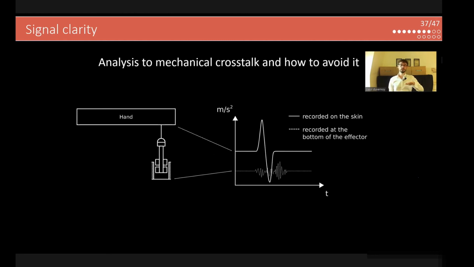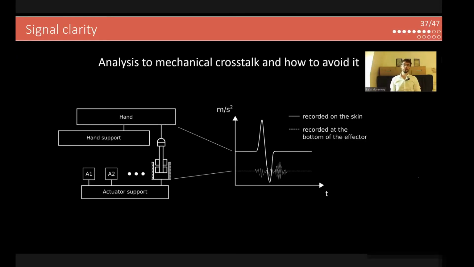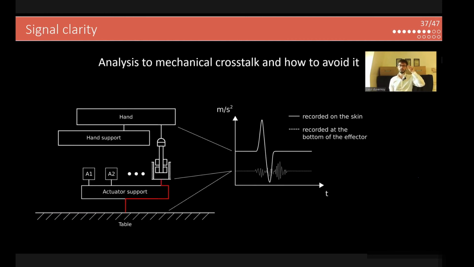So for the purpose of the explanation, I will change the shape of the finger to a box that represents the hand. I will also add the hand support and also the actuator support that comprises the 24 actuators. So if the actuator support is connected to the table, well, you just create a path from the actuator to the table, which is fine, until you do the same with the hand support. And then you create a path through the bottom of the actuator to the hand, and that creates noise.